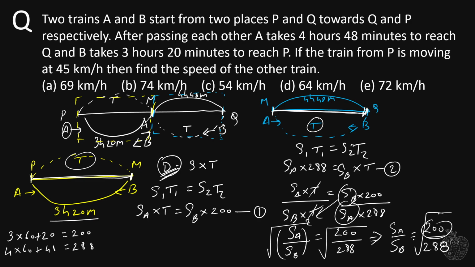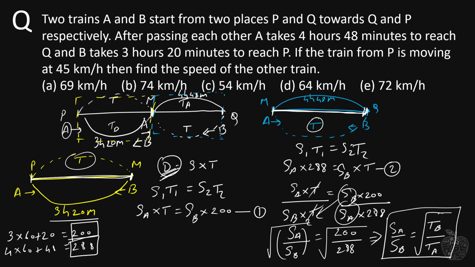This 200 is the time taken by B, TB, the time taken by B to reach point P from M. And 288 is the time taken by train A to reach Q from M, TA. This is the same formula that we used to solve this problem. This is where the formula comes from.